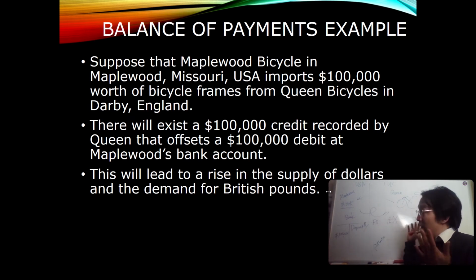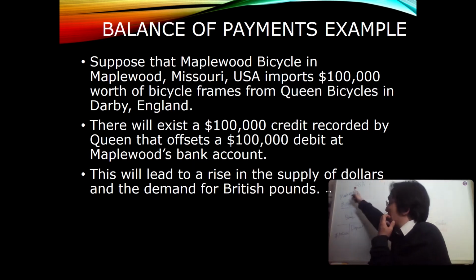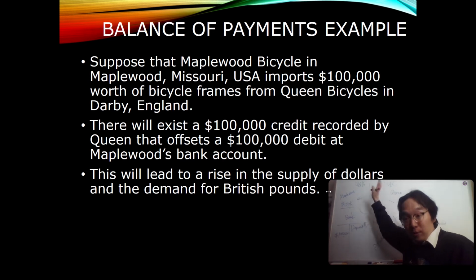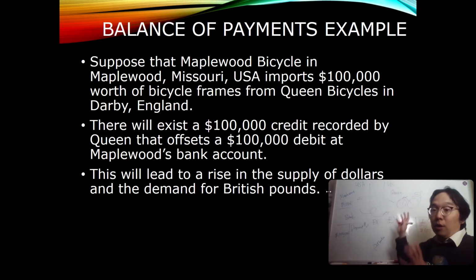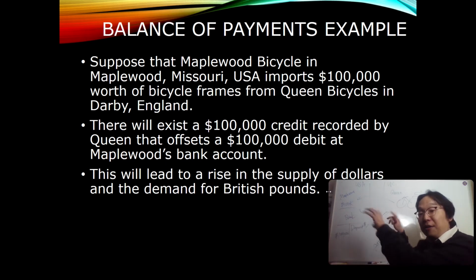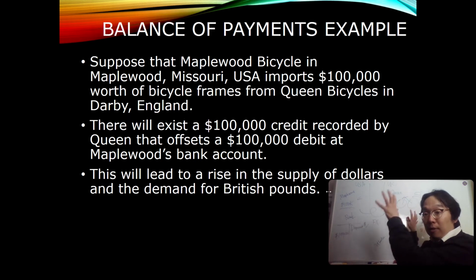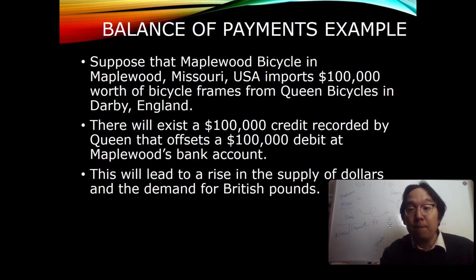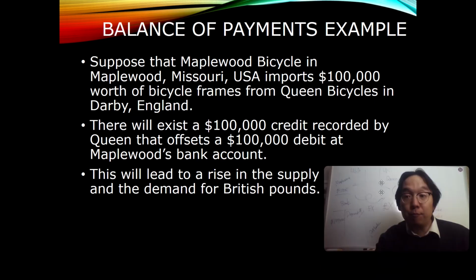Even though in this example I gave one name for the companies, essentially they belong to one country and they belong to another country. So at the country-by-country level, you can aggregate all these transactions in a double entry bookkeeping manner. And this import transaction will lead to a rise in the supply of dollars and the demand for British pounds.